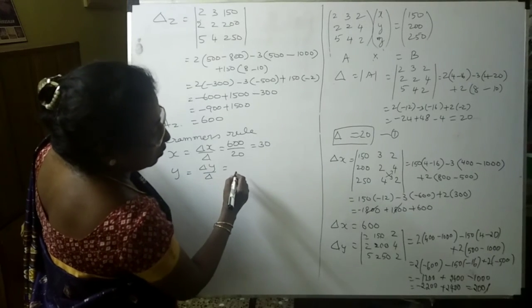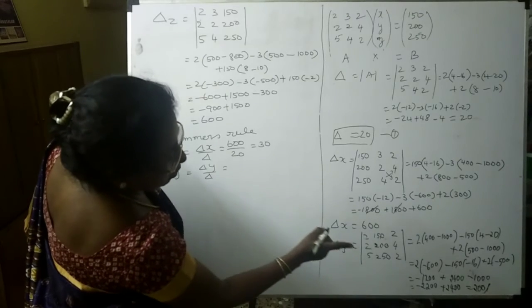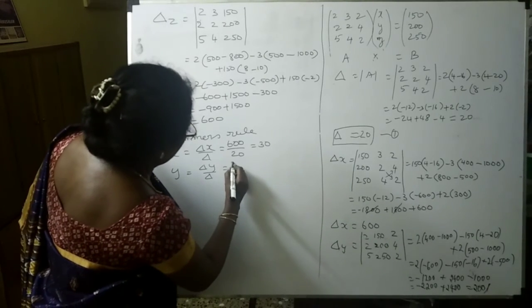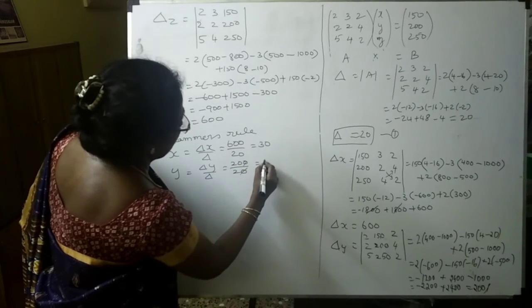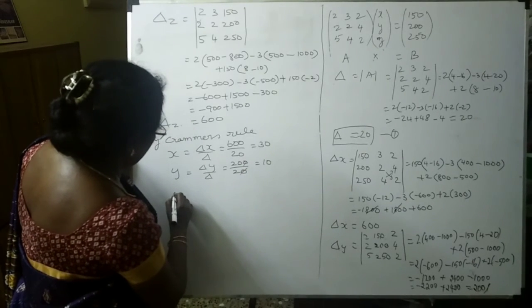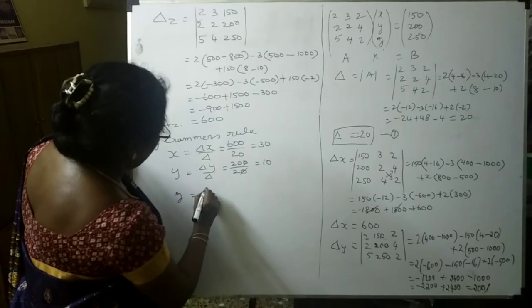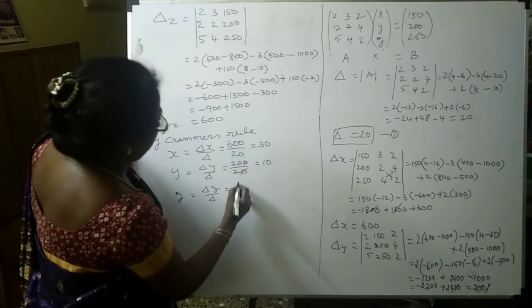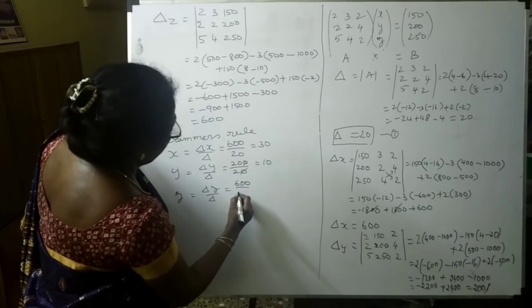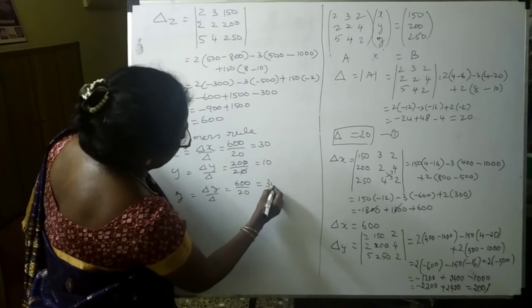Delta y is equal to 200 divided by 20, which cancels to 10. Then z is equal to delta z by delta. The delta z value we got is 600 divided by 20, that is equal to 30.